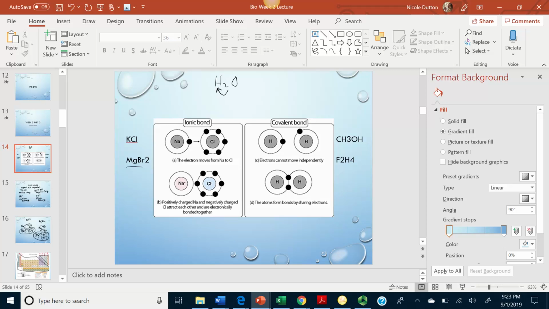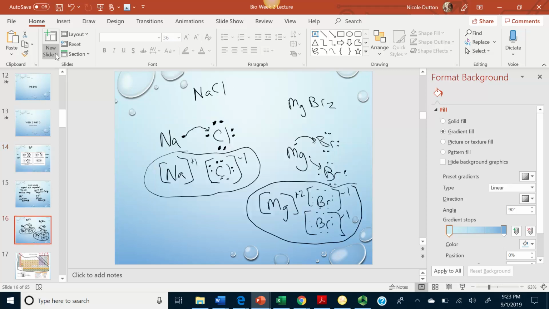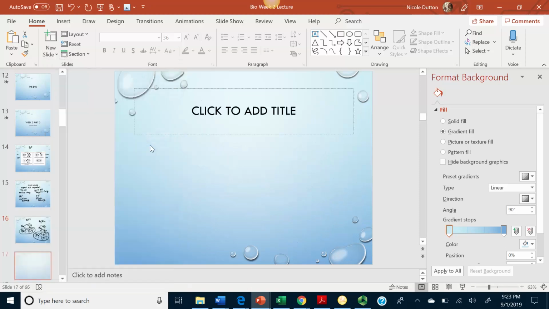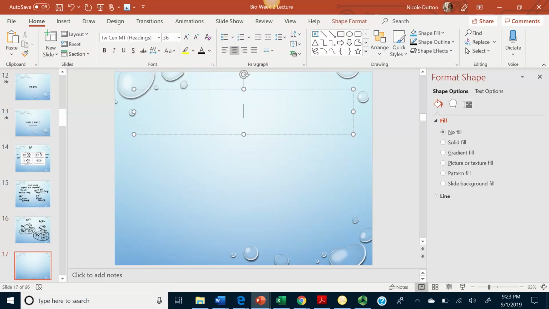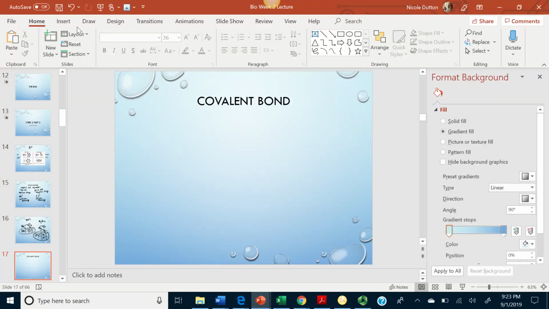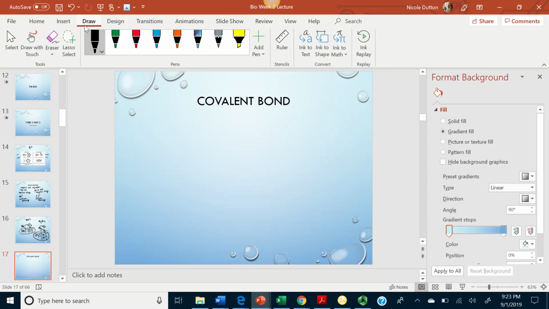Now we're going to focus on the covalent bond. In a covalent bond, it usually exists between two nonmetals.